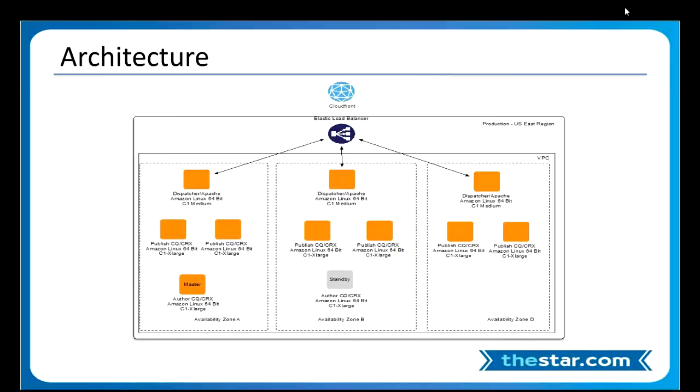Then we have the dispatcher tier, which is really a reverse proxy caching tier, much like something like Varnish or HAProxy. That is sort of customized to the Adobe CQ5 environment to manage caching rules on the origin side, and all of that is behind an elastic load balancer. So we have both great edge caching with CloudFront as well as a highly redundant, fault-tolerant origin server using Adobe CQ5. Next slide, please.